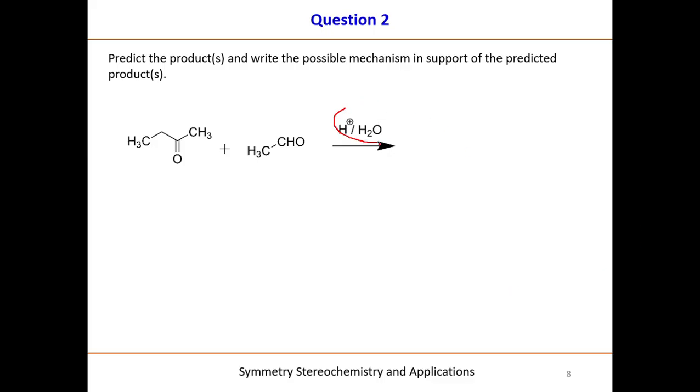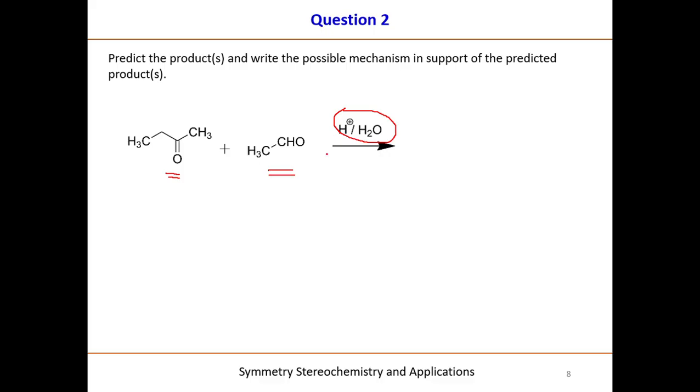On the arrow you can see H plus and H2O, that means it is an acidic condition. And in the substrate we also have two carbonyl groups. That means it can undergo an aldol reaction. It's an aldol condensation reaction, and because we have acidic condition, this one is an acid catalyzed aldol condensation.